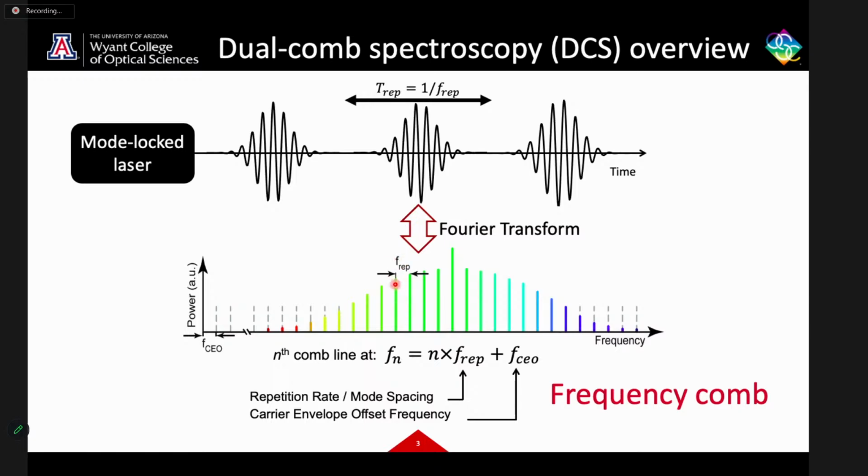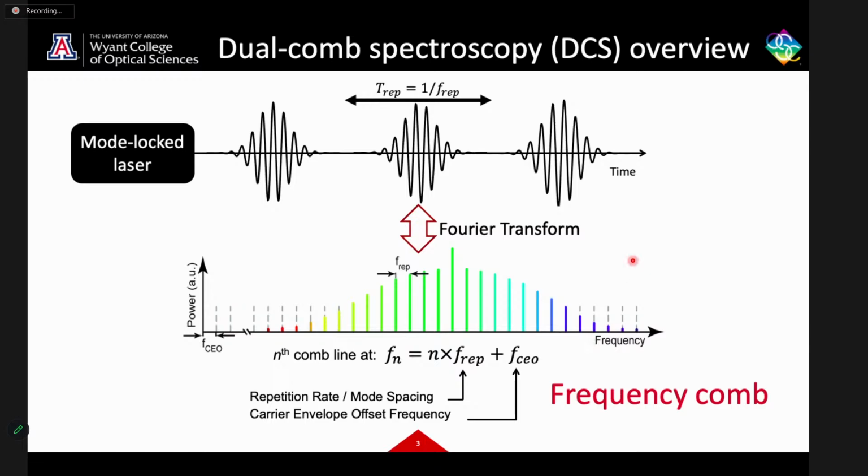You can consider them as an array of CW lasers over a broad bandwidth that are individually spaced by a frequency associated to the output rep rate of your laser. So if you are stabilizing either your comb teeth or a parameter called the carrier envelope offset frequency, which is their frequency offset from DC, you have a fixed relationship between one comb tooth and any nth comb tooth by simply these two fixed parameters.